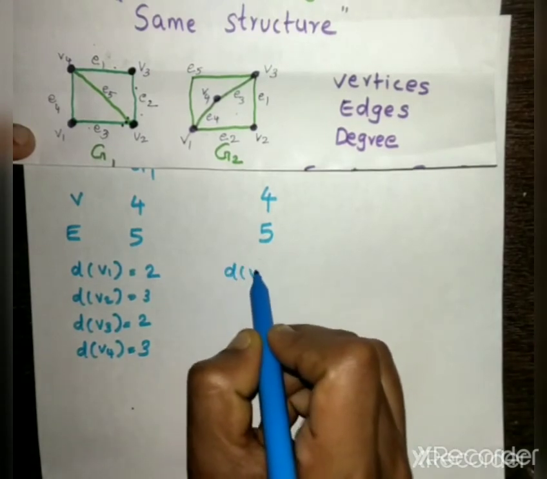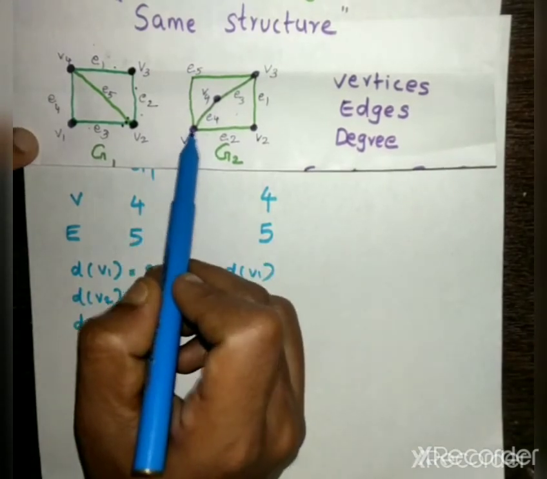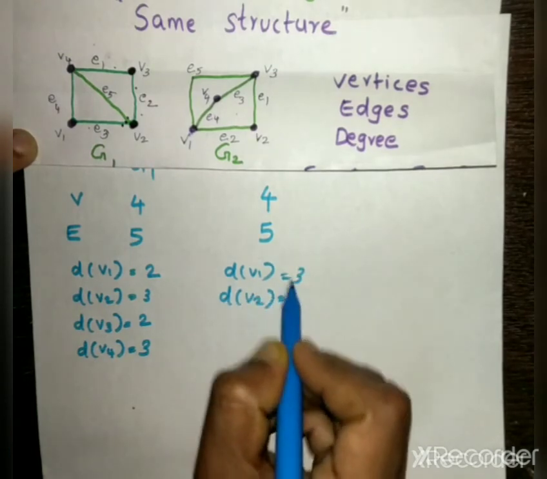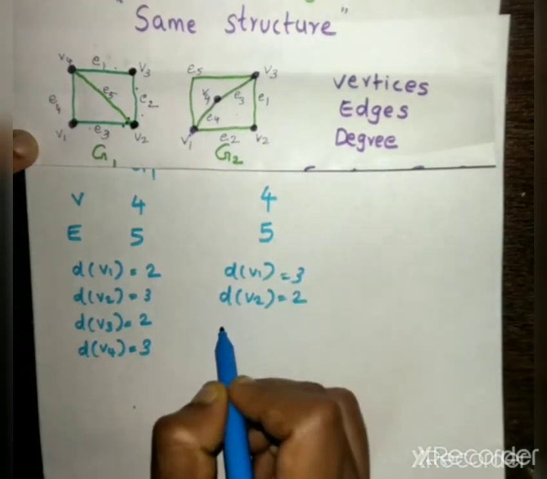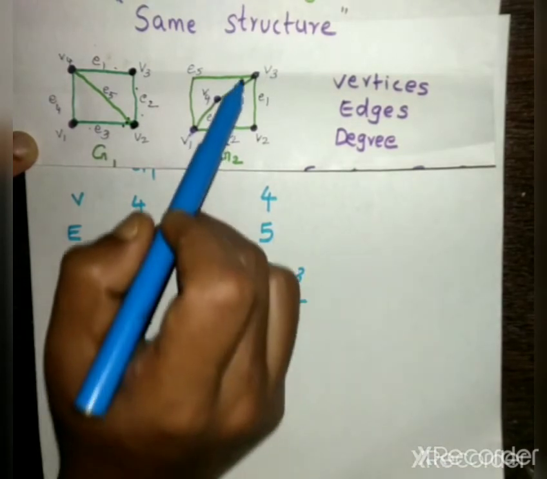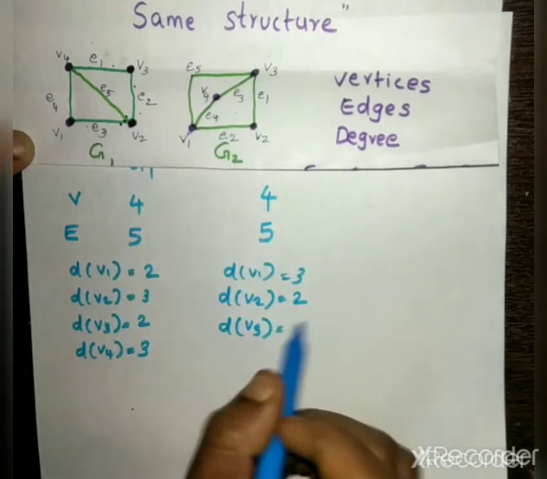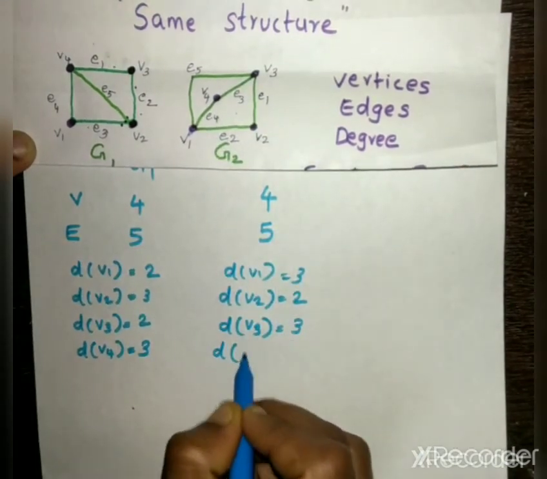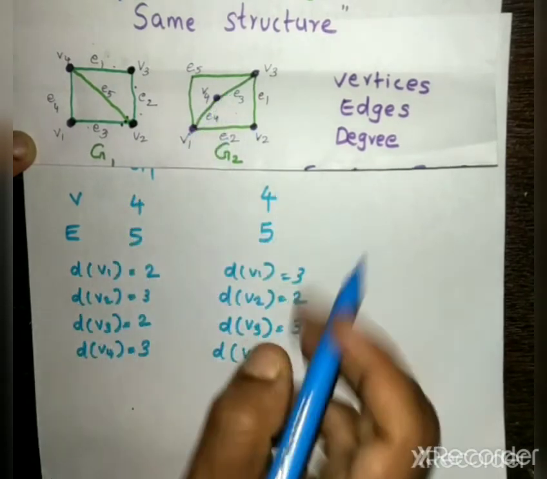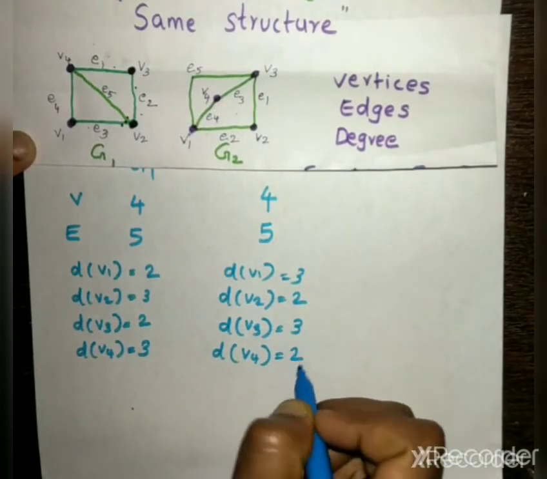degree of V1 in G2 is 3, and degree of V2 is 2. Degree of V3: 1, 2, 3, so the degree of V3 is 3. And V4 has 2 edges incident with it, so the degree of V4 is 2.